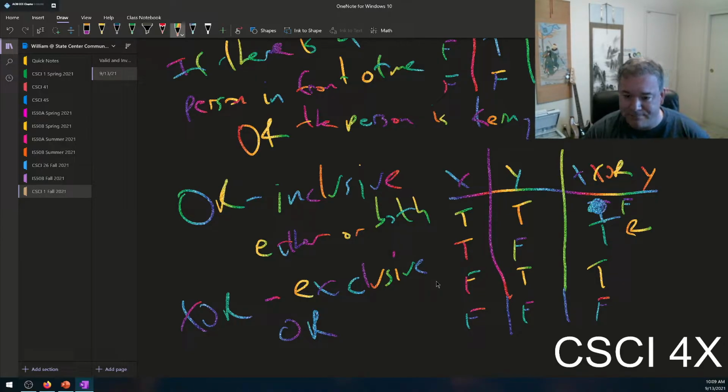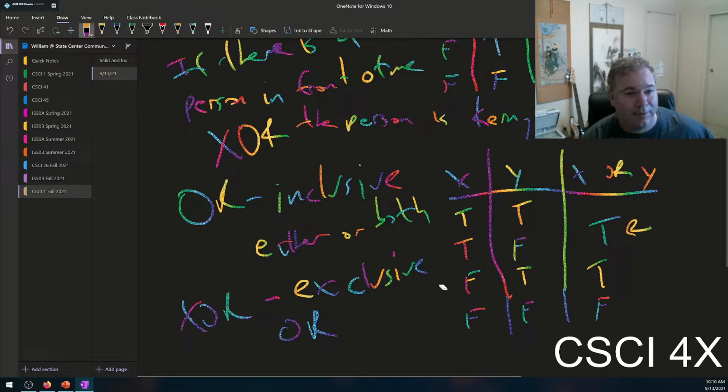In other words, if you wrote the program this way, if there's a person in front of me, XOR the person is Kearney, then it will not fire if I'm in front of it, because both are true. And for a better example of how this would be used in real life, because this is obviously not how you would program a turret, let's just put it back on to or for now.